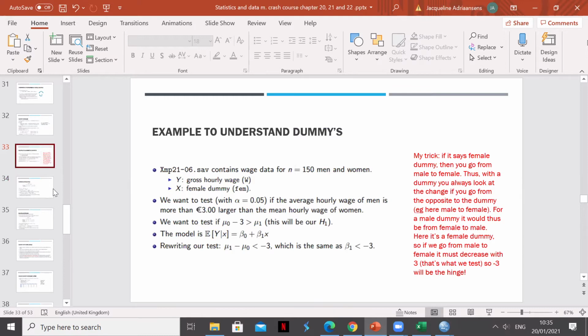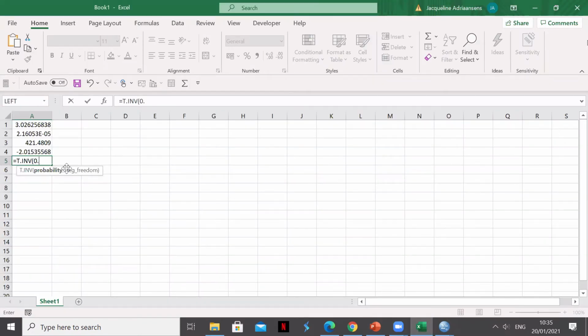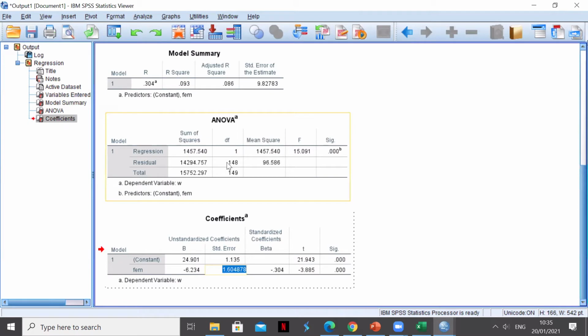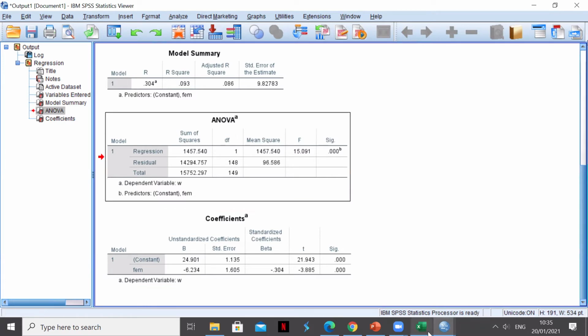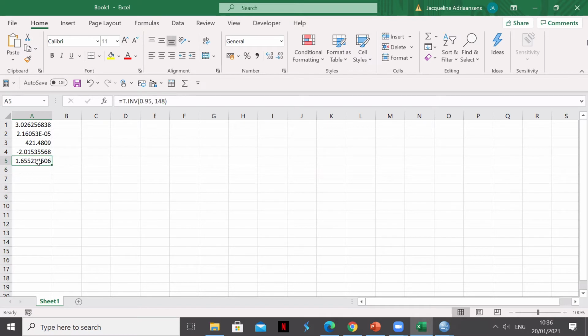Yeah, 0.95. And we have a degrees of freedom of 148. It's always under residual and df. 148. And then this is our critical value.